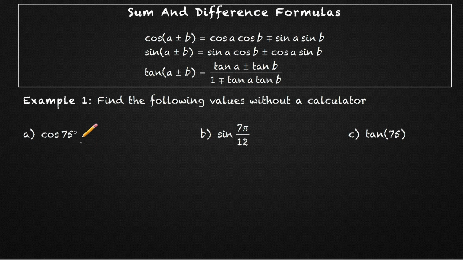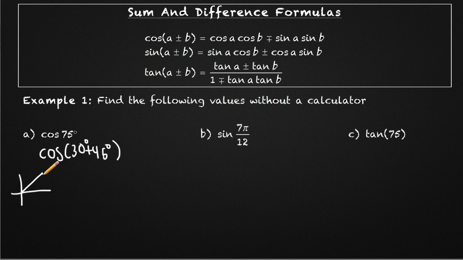So let's just jump in. We have cosine of 75. We can break that up into the cosine of 30 plus 45. And there's all sorts of other combinations that you could use here to get 75. It really doesn't matter. I'm just going to pick the most basic two angles that I can think of that add up to 75. And so we'll just go ahead and make a little triangle here.